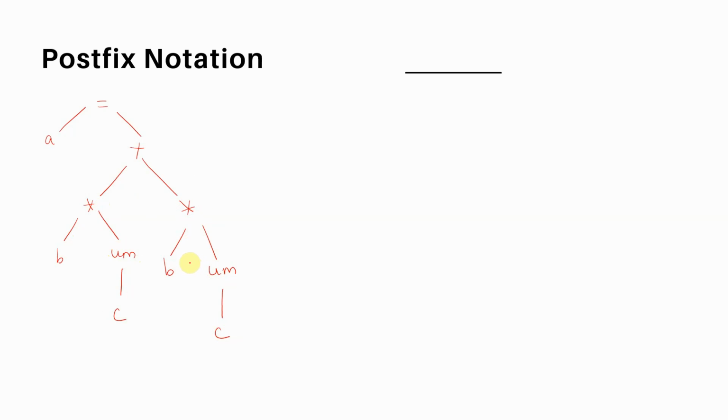What is the meaning of postfix notation? It's a linearized representation of syntax tree. What we do is we traverse this syntax tree from top to down, left to right, and note down whatever values are encountered on the way.